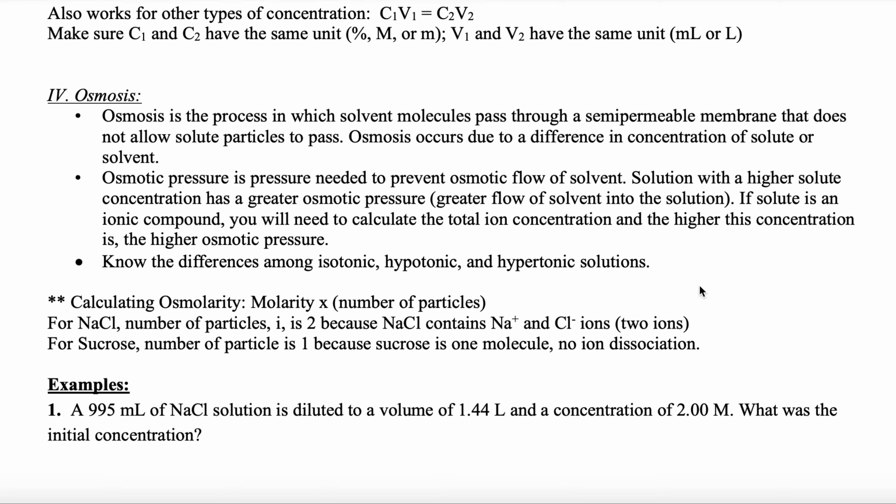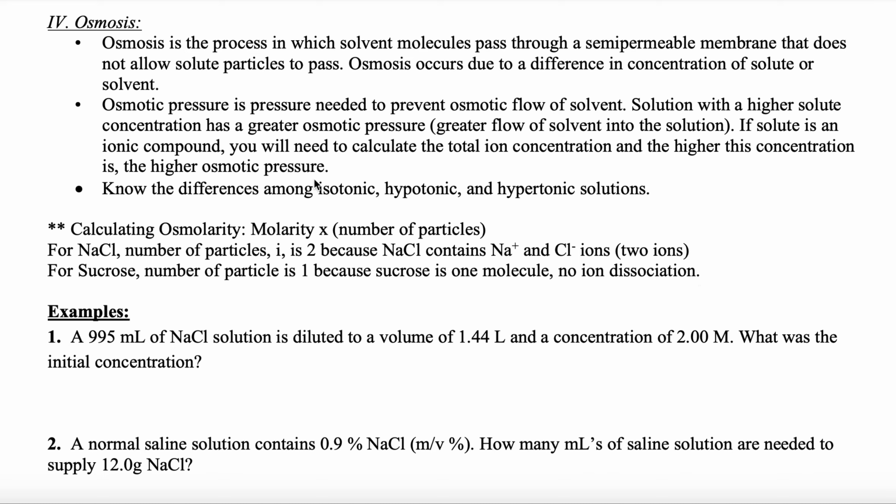Now we need to know the difference among isotonic, hypotonic, and hypertonic solutions. Iso means balanced, like when you drink something, it has to be balanced. Like salt has to be 0.9%. Hypo means low.